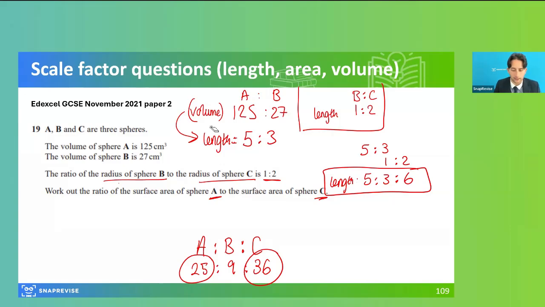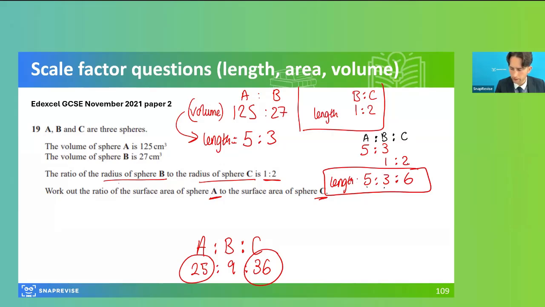And in a similar way, the radius, which is a length, for the two spheres B to C, is 1 to 2. So since the final bit of the question wants us to work out the area scale factor, it's the technique we just did of combining these two length scale factors, A to B to C. And the lowest common multiple is 3.